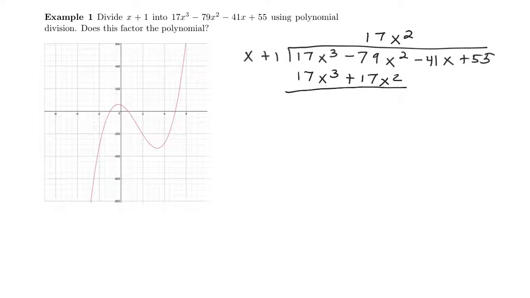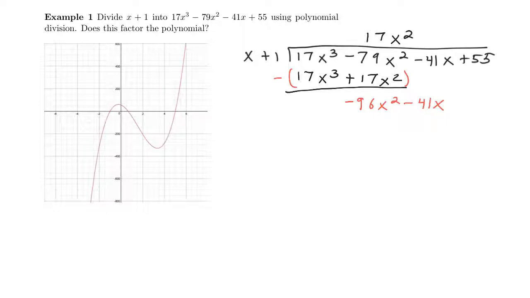I now subtract this off, and the x cubes cancel. That's perfect. We have negative 79 minus 17, so we have negative 96x squared. And I'll bring down the negative 41x. All right, great.